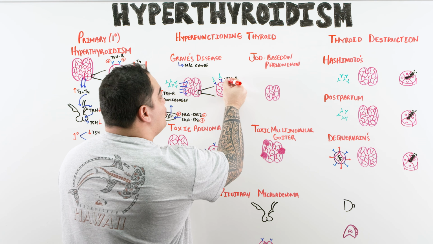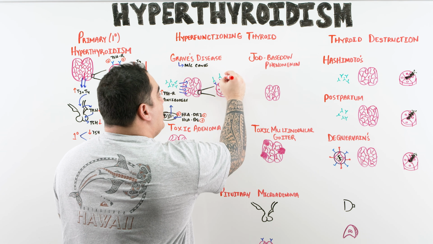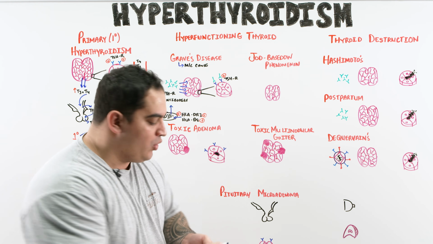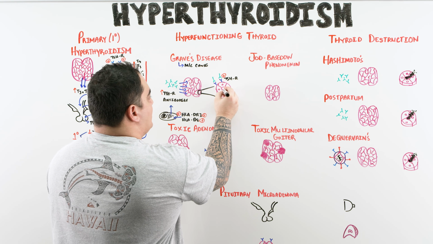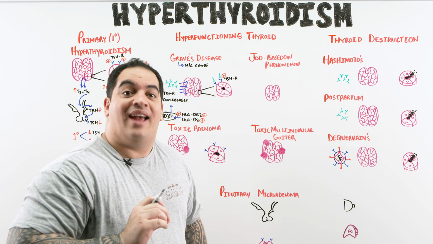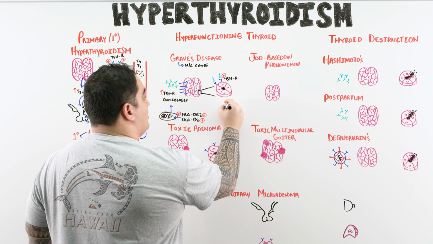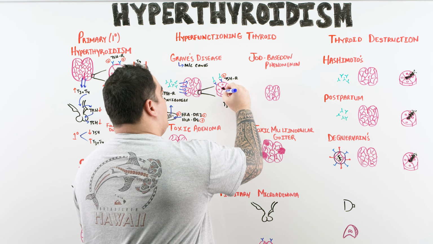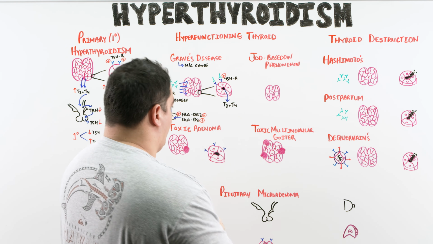These antibodies act just like TSH. They'll hyperactively stimulate these TSH receptors. What will they start doing? Synthesizing tons and tons of thyroglobulin, iodinating the thyroglobulin, and then releasing into the bloodstream tons of T3 and T4 as a result. So you see how this hyperfunctioning is occurring.